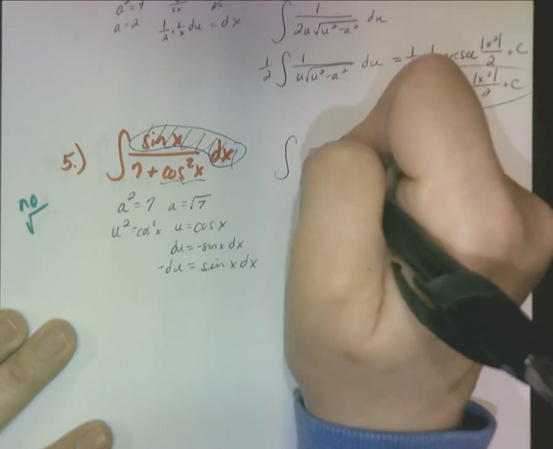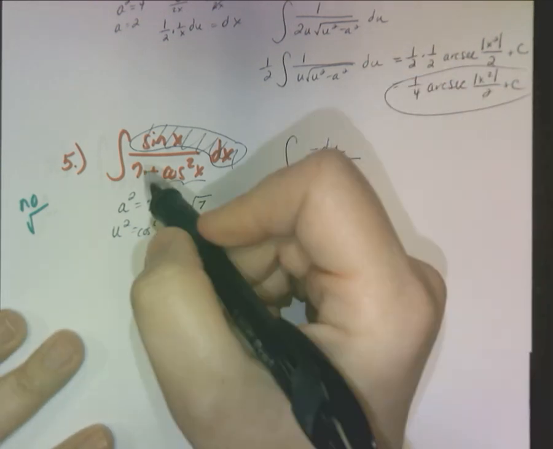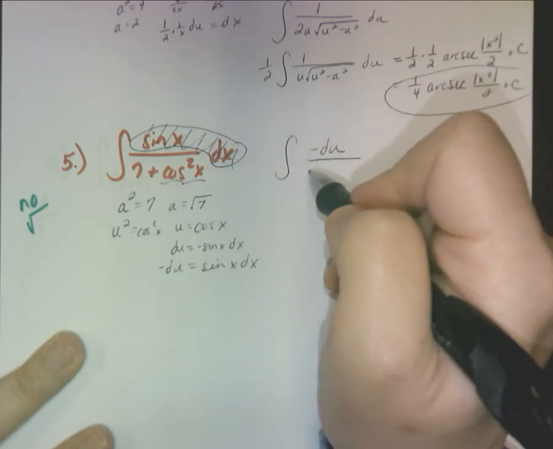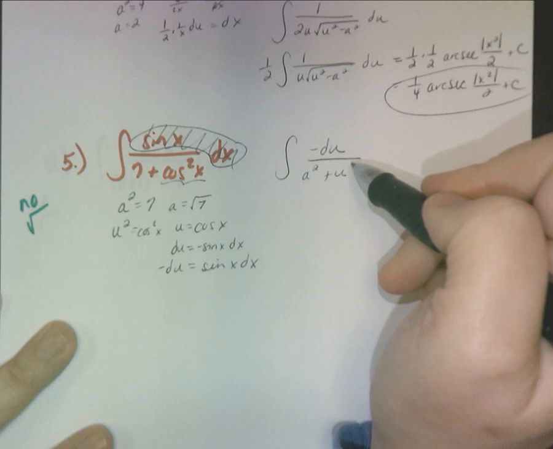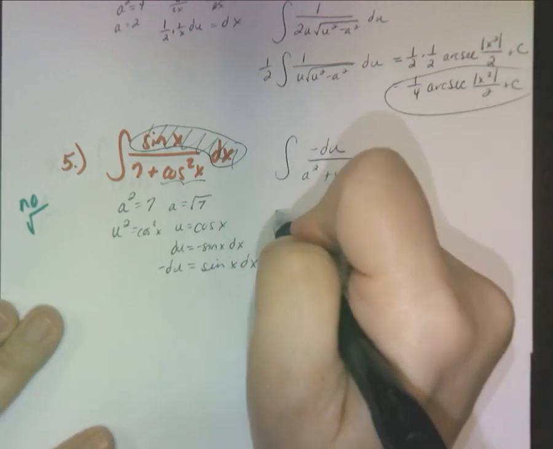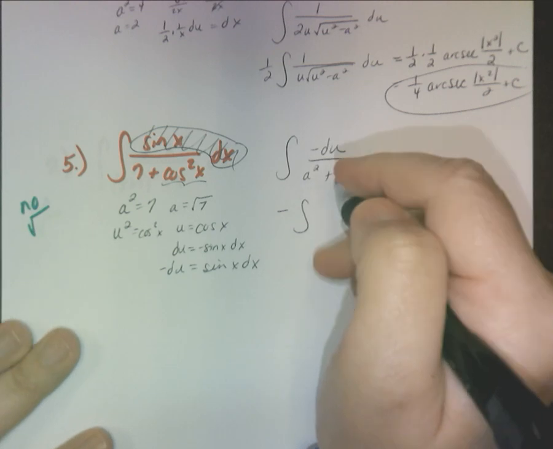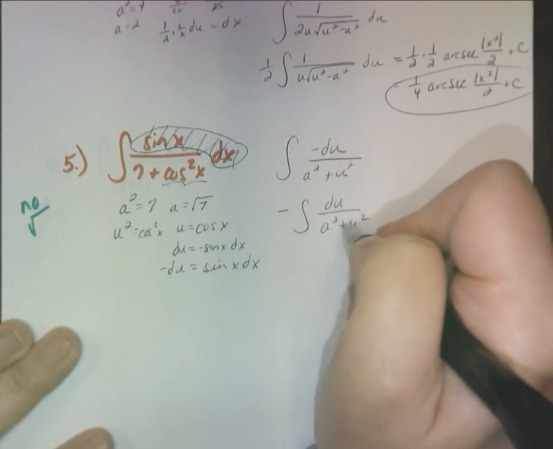So this right here is the integral of negative du over a squared plus u squared. And it looks really good to integrate, except for that negative. I'm just going to pull it onto the outside when I integrate. The integral of du over a squared plus u squared.